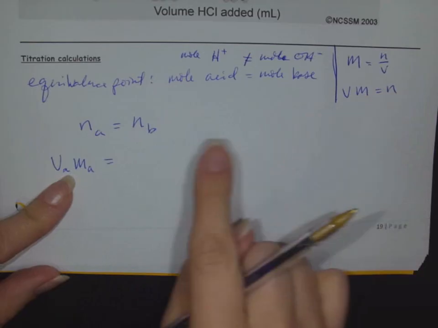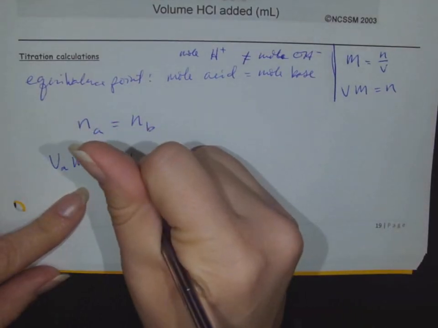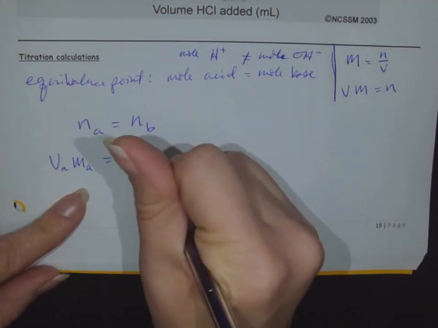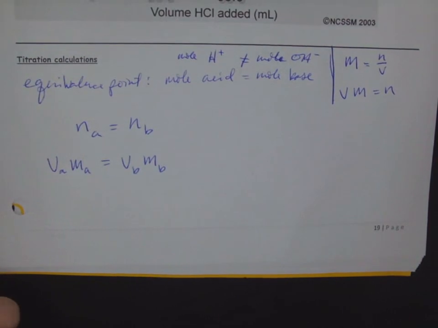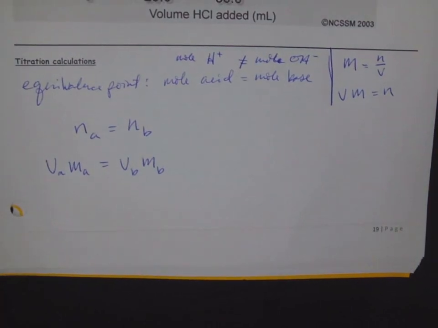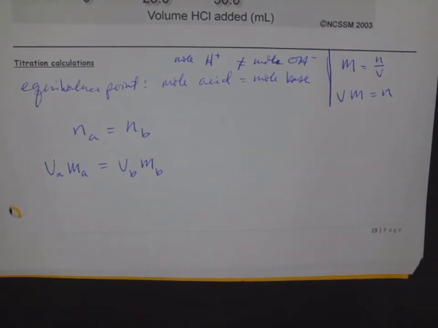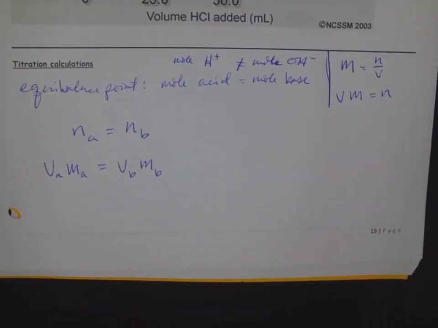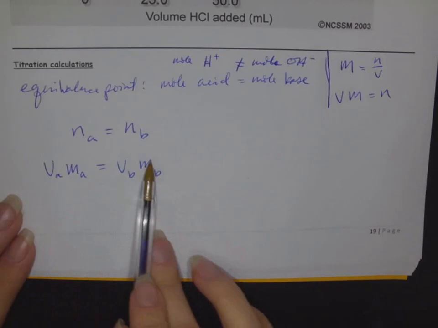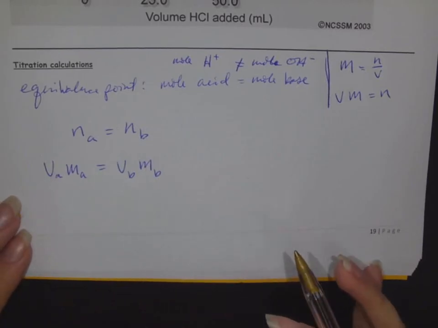But what if we replace that with volume of the base, molarity of the base, the concentration of that base? And then whatever we're given, it's like an M1V1 equals M2V2, right? That we can rearrange and solve for any of these as long as we're given the 3 other items.